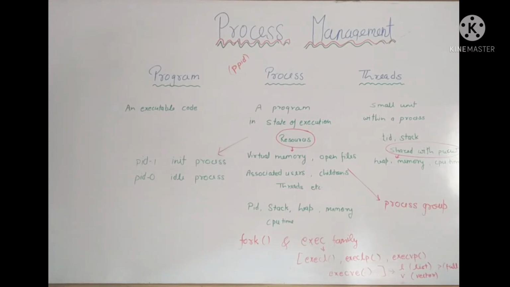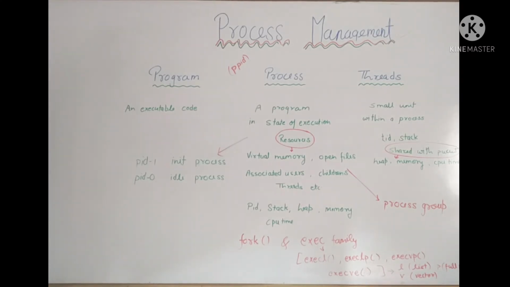Now a process can be created using the fork system call. Whenever a fork is called, a parent and child relationship is created. With fork, basically two processes are created, but they share the memory.